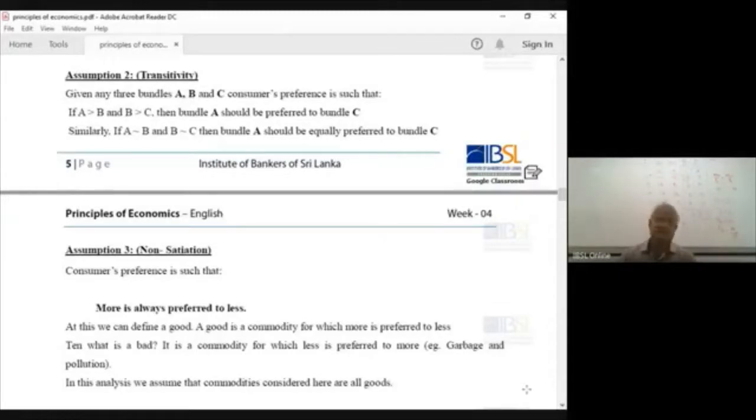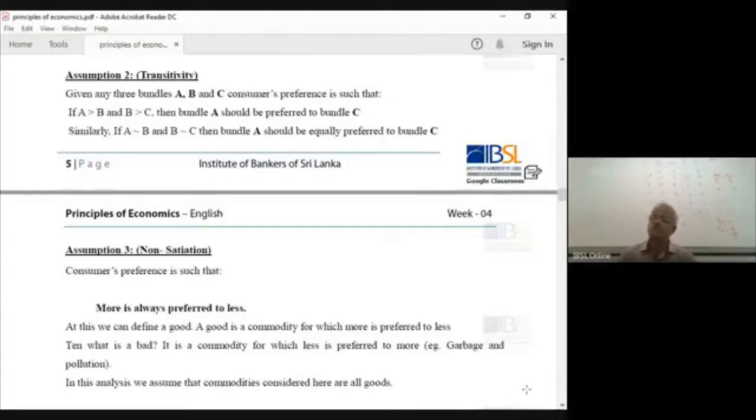Then what is bad? It is a commodity for which less is preferred to more. We don't like garbage. We prefer to have less and less garbage, less and less pollution. So less is preferred to more in the case of a bad, and more is preferred to less in the case of a good.